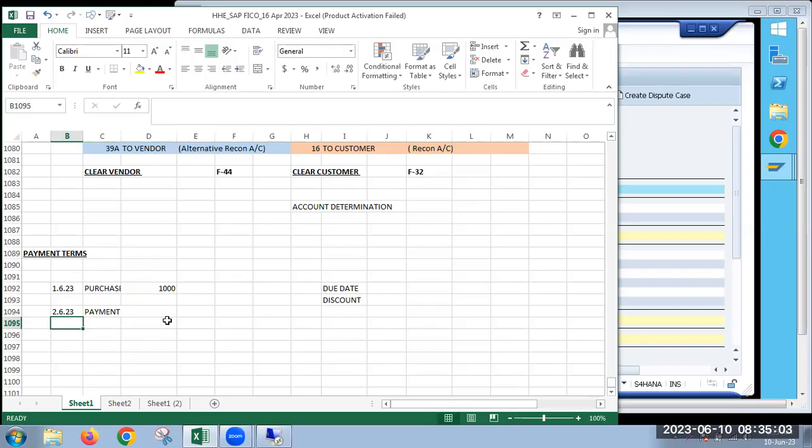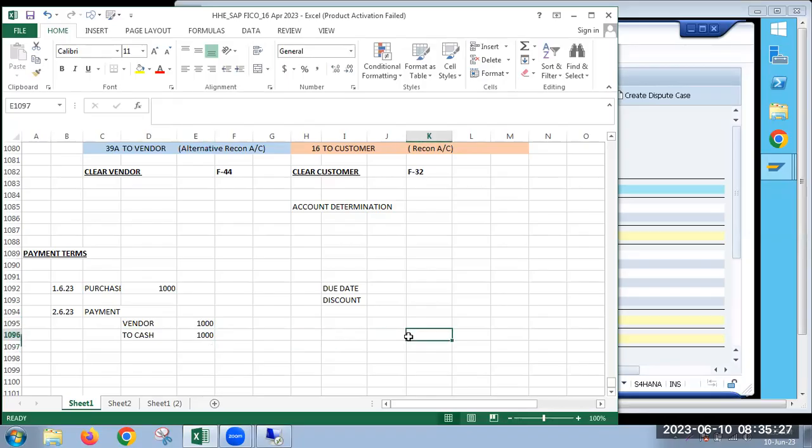How will the entry be if we make the full amount payment on 2nd of June? Payment entry: vendor debit to cash, 1,000.